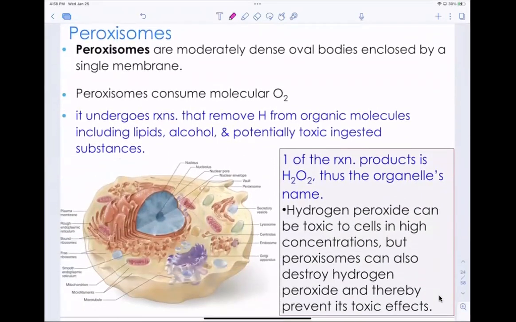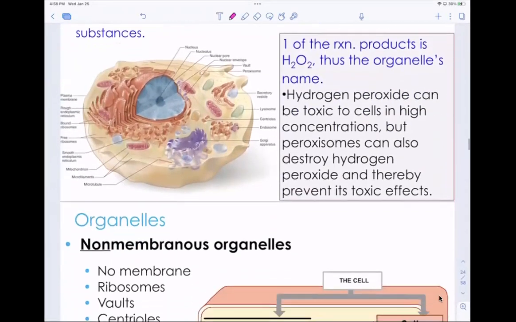Peroxisomes are called that because they break down hydrogen peroxide, the toxic substance that can form in a cell, and disable it and get rid of it.